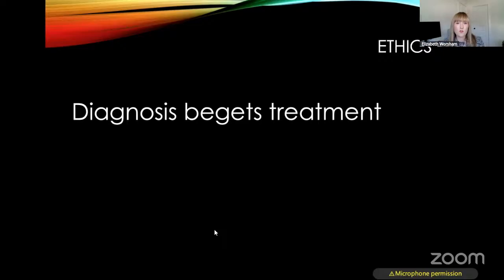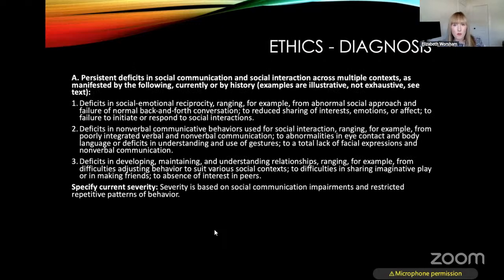So let's first talk about diagnosis under ethics, because diagnosis begets treatment. I'm sure you are all familiar with the DSM-5 criteria for autism. Children or persons with Witte-Sutton, there are lots of variations in how they can present, what challenges or deficits they may have as related to the DSM-5.